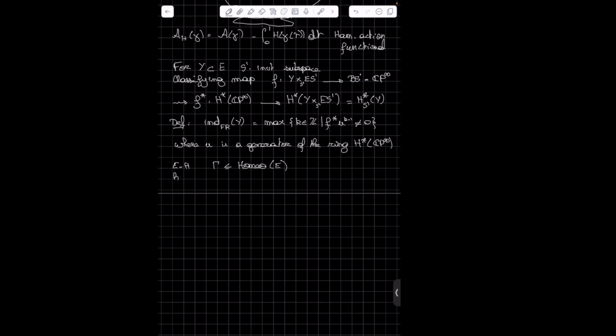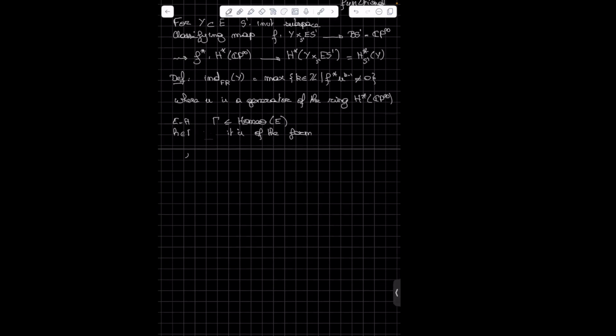An element H is in gamma if it is of the form H of X equals e to the gamma plus of X times X plus.